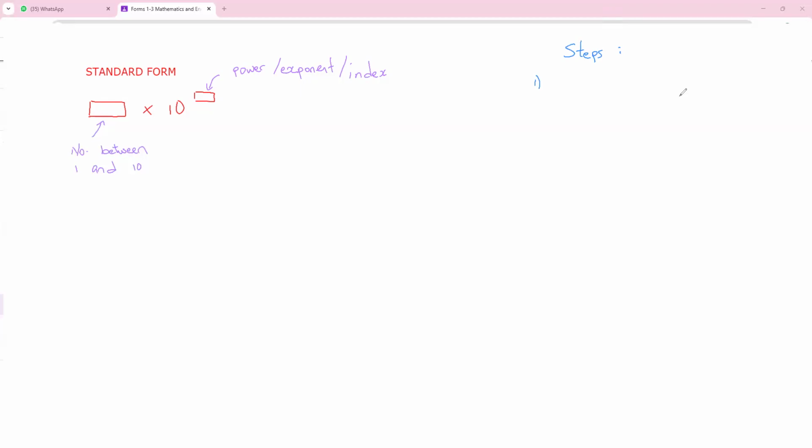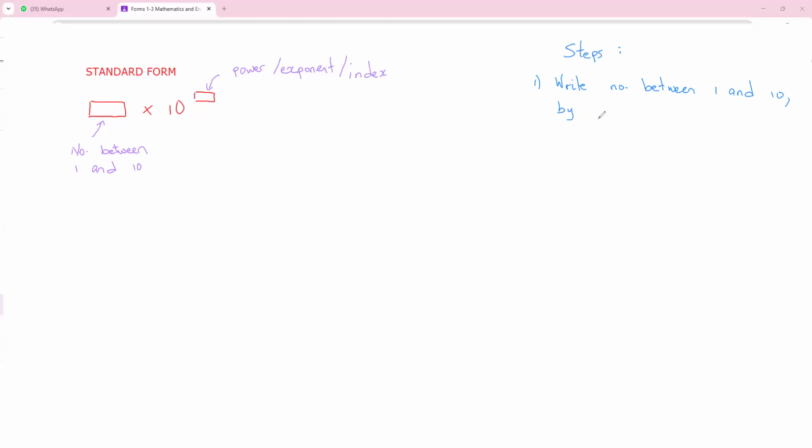So the first step is that we write the number between 1 and 10. To do this, we put the decimal point after the first digit that is not 0. Right?